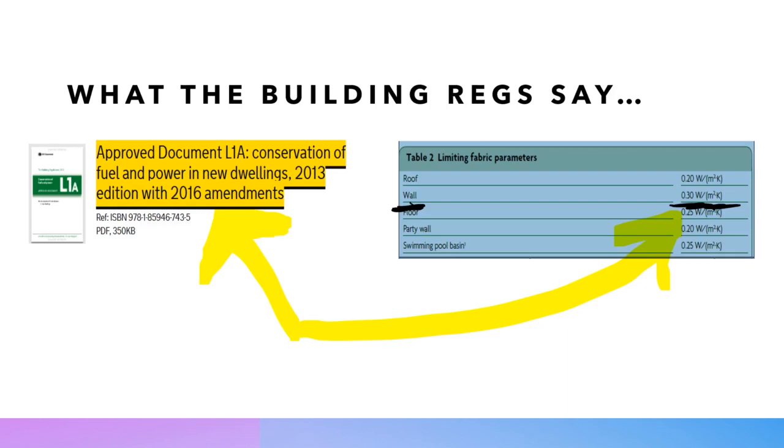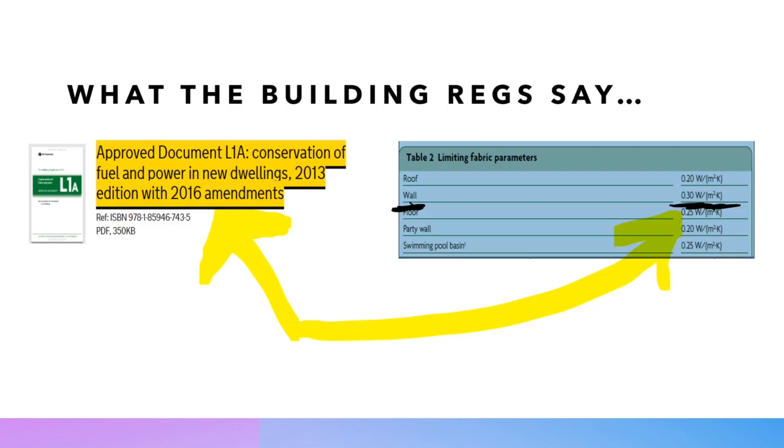So for every square meter in your wall, and obviously the roof is different, party wall is different, a swimming pool basin is different. But the building regs give you all the differing elements of a structure. A wall is an element, a roof is an element, a floor is an element, and so on.